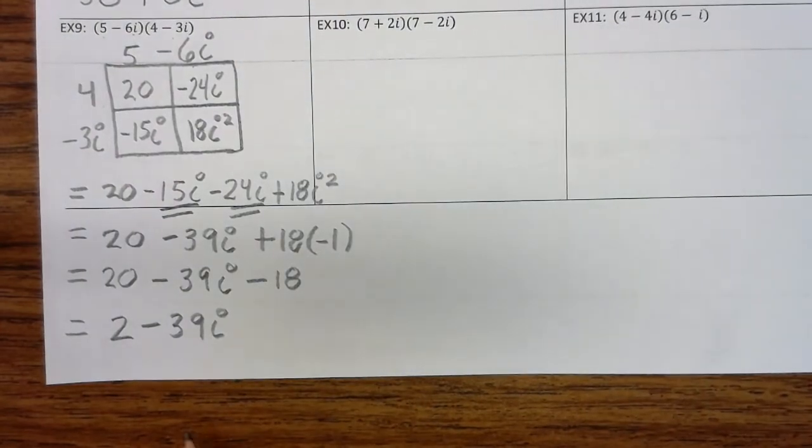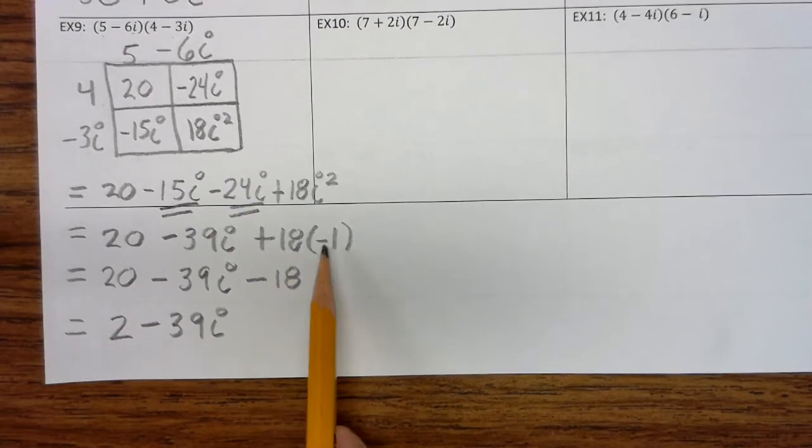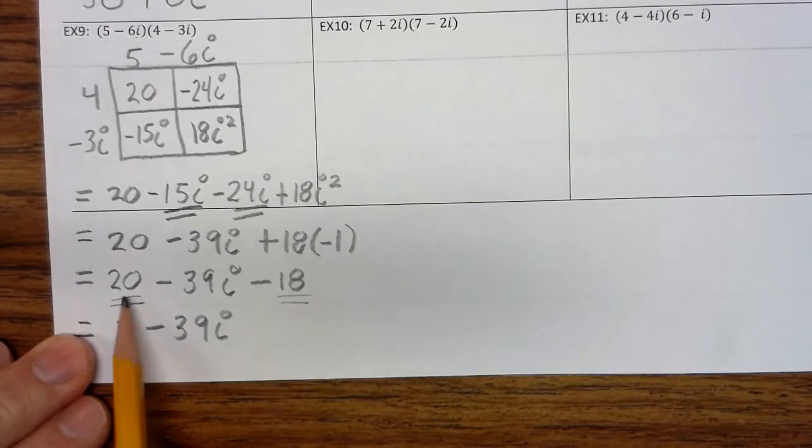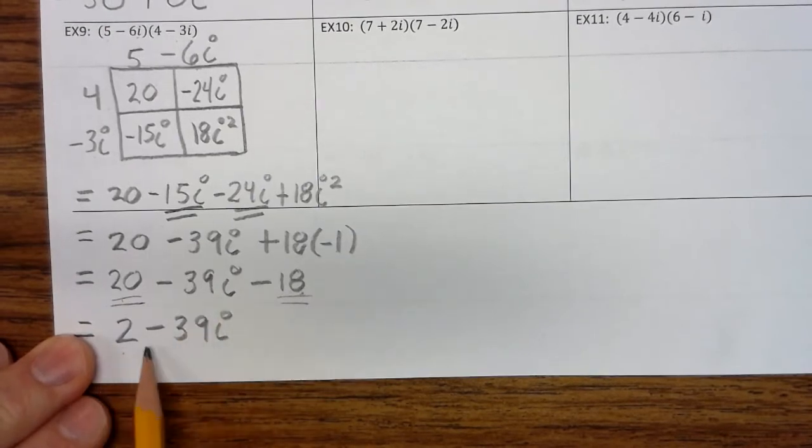So I apologize, I cut the screen off, so I'll just say that again. So basically what happened here is 18 times negative 1 is negative 18. And then you combine terms. So 20 minus 18 is 2. And then you just minus 39i.